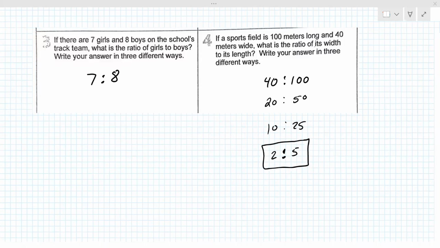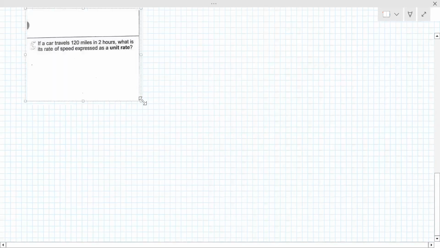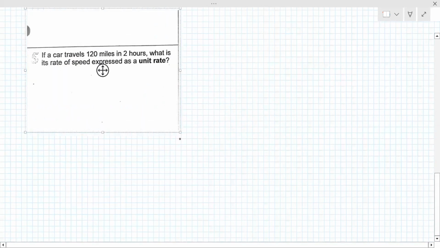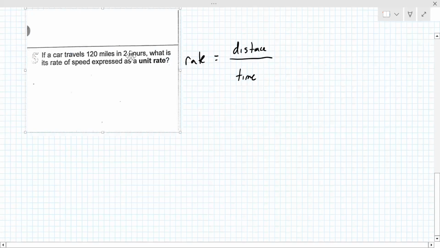Yeah. All right, so it looks like you're transitioning to unit rates for the next problems here. So something a little bit different. A unit rate is a distance per unit time. That's a rate, or one example of a rate. So when you read this problem, do they give you a distance?